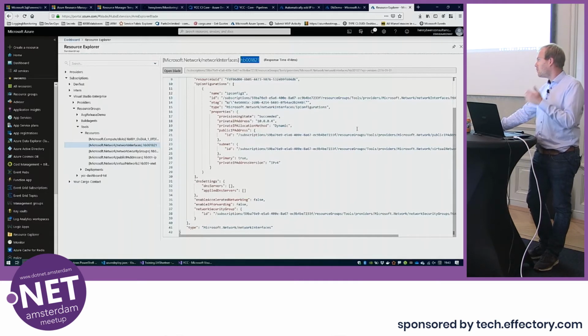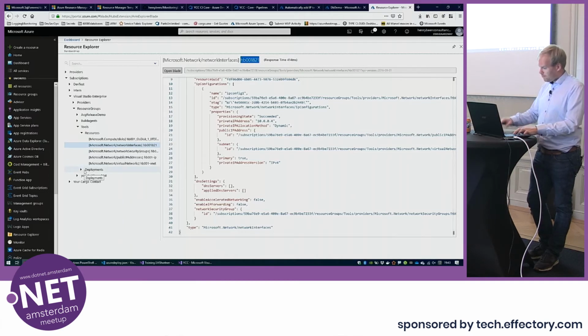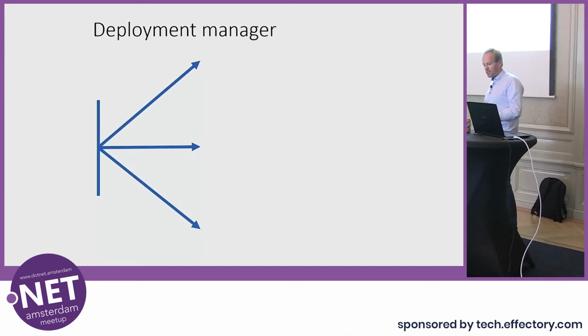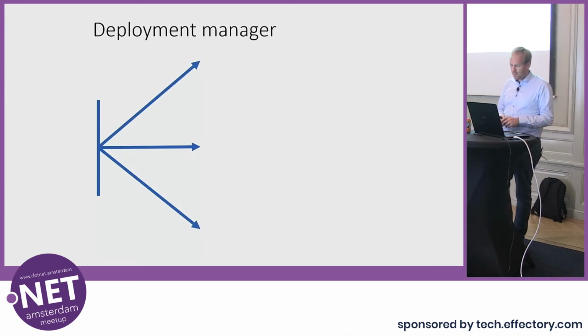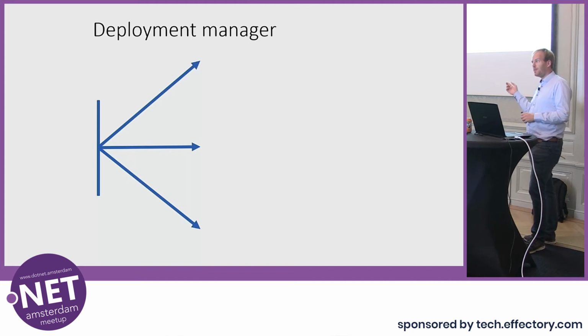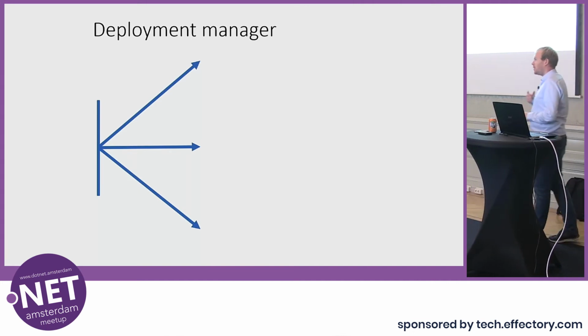And this works for everything, even those that don't work for export as template. So this is amazing, but you might be wondering about how do I roll these things out to Azure. I can do that from PowerShell, like we've seen before, but that's not really scalable and automated.